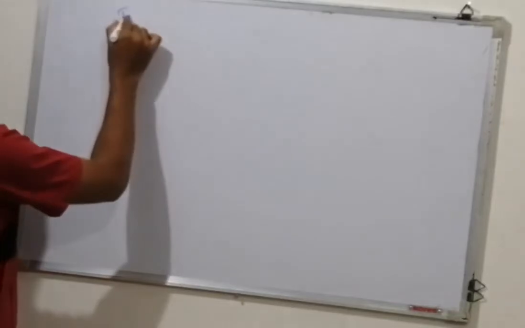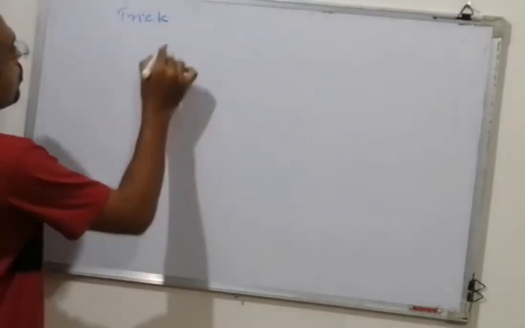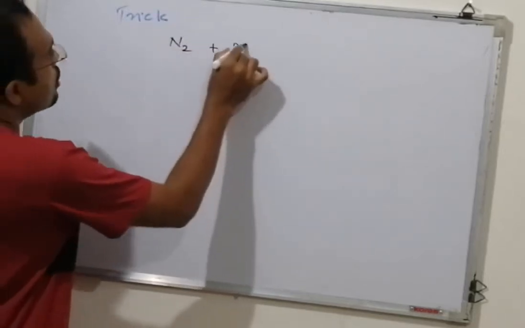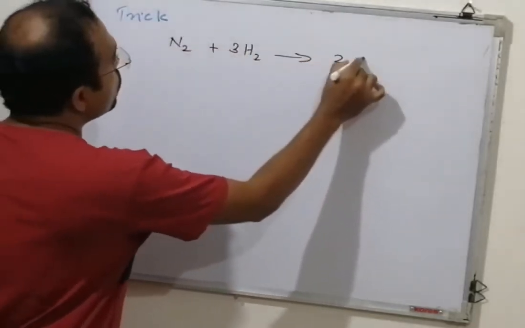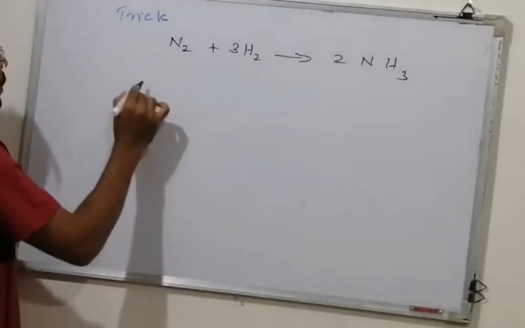Therefore, to solve the question, I will tell you this is a trick. Please remember the trick. Suppose a reaction N2 plus 3H2 gives 2NH3. Okay.